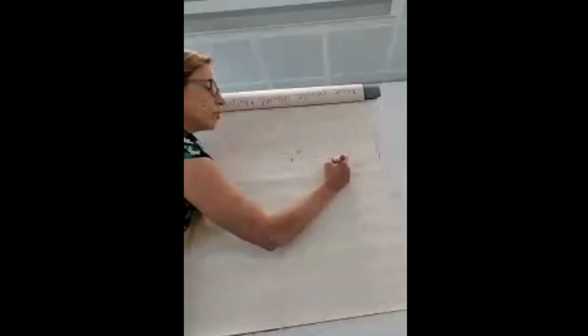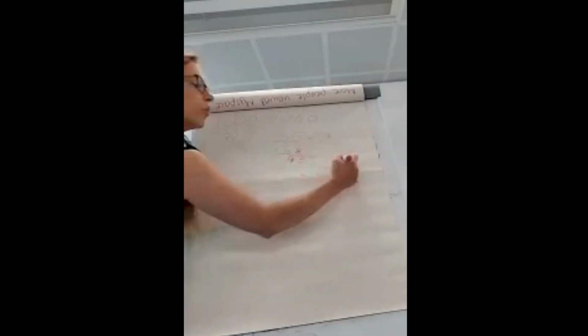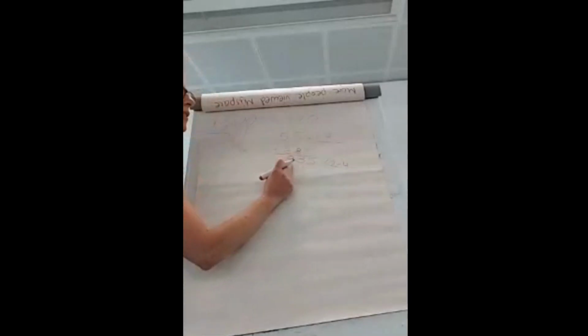Now divided by 2. 2 in 9, how many times? 4 times, because 4 times 2 is 8. 9 minus 8 is 1.